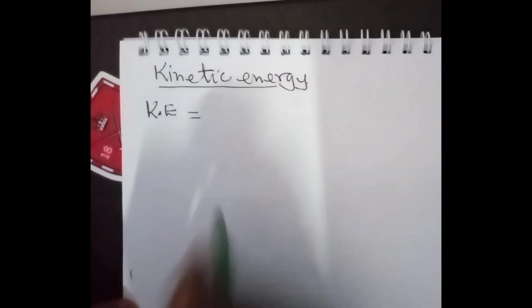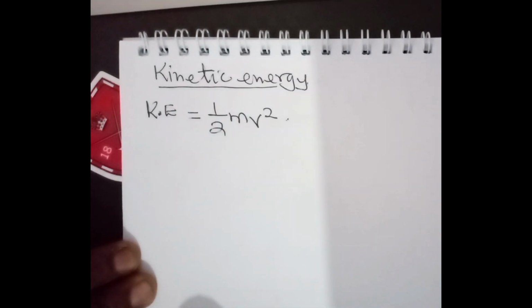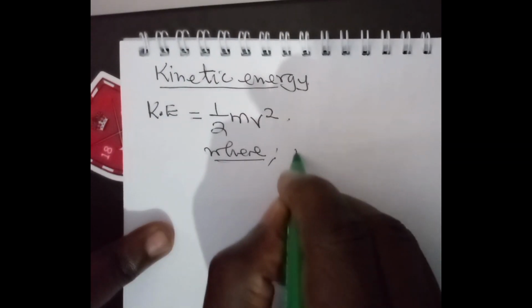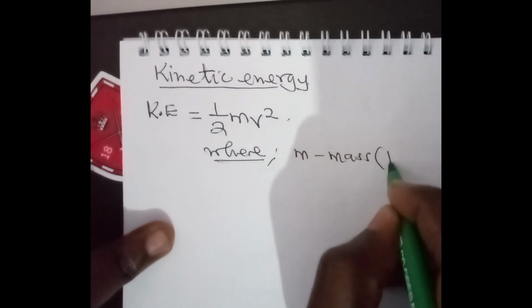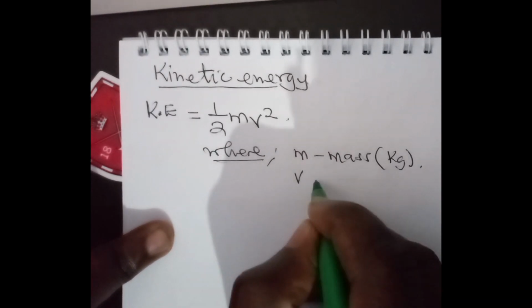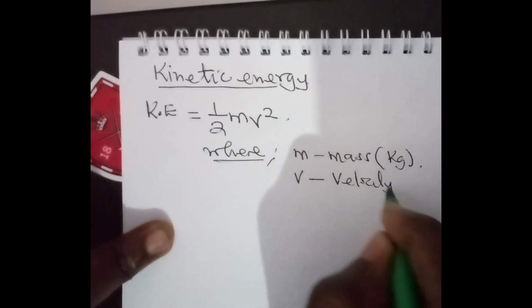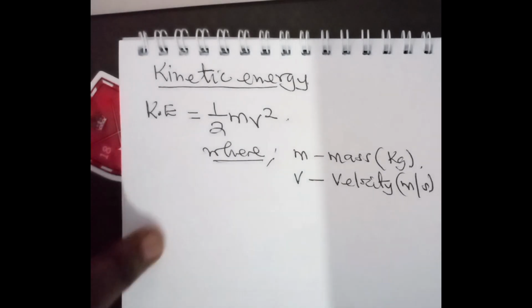For kinetic energy, use the formula half mv squared, where m is the mass of the body in motion, in kilogram, and v is the velocity of the body, in meters per second.